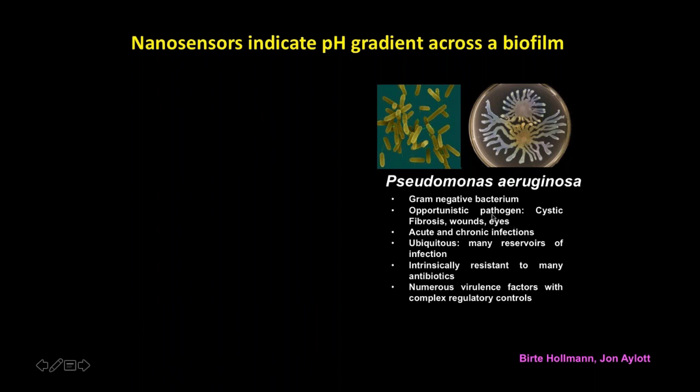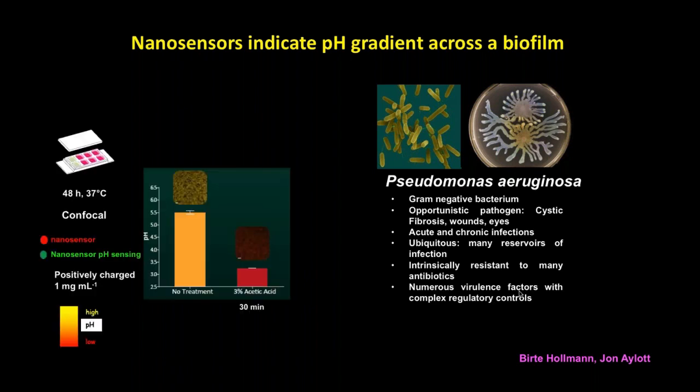The types of infections it causes can be acute or chronic in their nature, and because it's quite a ubiquitous bacterium, there are many reservoirs all over in the environment which can serve to inoculate these kinds of sites. It's also a problem because it's very difficult to eradicate due to its intrinsic resistance to antimicrobials and the numerous virulence factors that it produces and the complex regulatory circuits that they are controlled by.